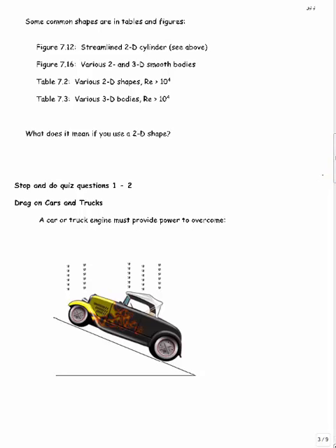In your book, there's a bunch of figures and tables, a couple of figures, which means they're graphs: streamlined cylinder above, various smooth 3D bodies, various 2D shapes, various 3D shapes. These are in separate tables. What does it mean if it's a 2D shape? That means you could cut it into slices all along it, like a wing, long into the page, and the slices are all the same.